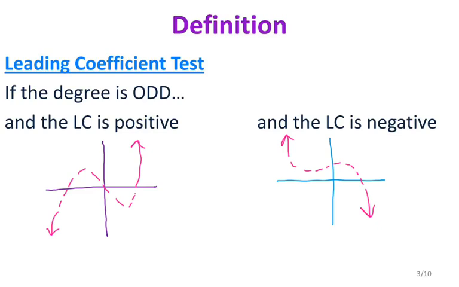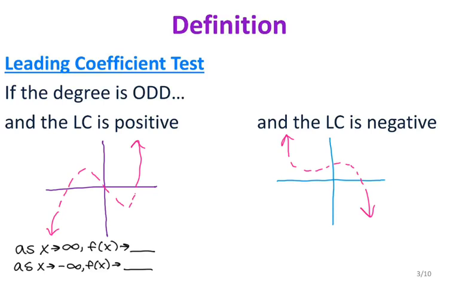So the end behavior is a statement that's going to talk about what's happening on the left-hand and the right-hand sides of my graphs. So end behavior, you always start by writing this as x approaches infinity, f of x approaches, and then we're going to figure out what goes right here in a little bit. And then again, as x approaches negative infinity, f of x approaches, and I'm going to use the graph to fill in those blanks.